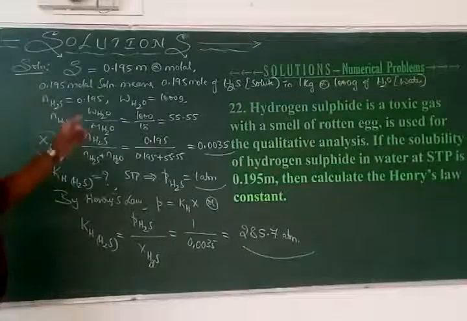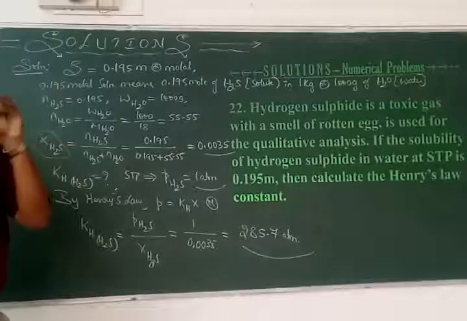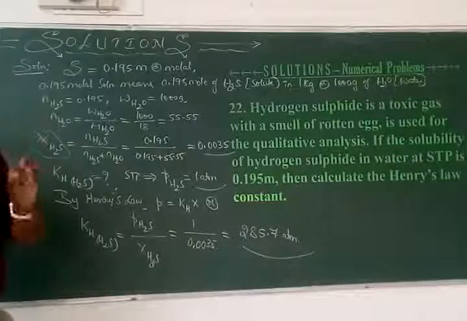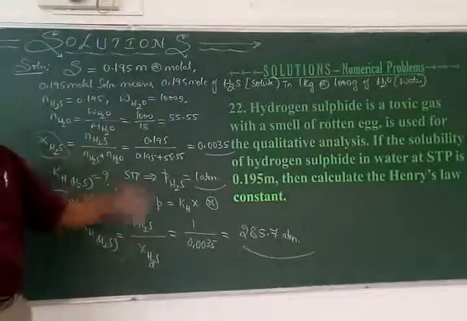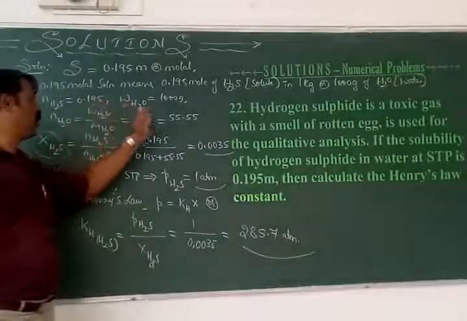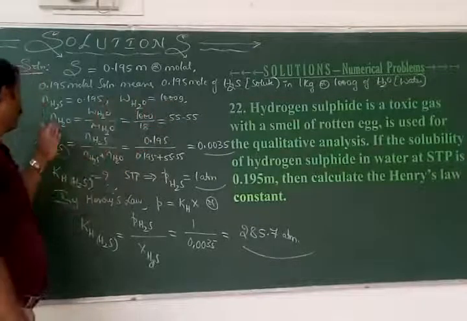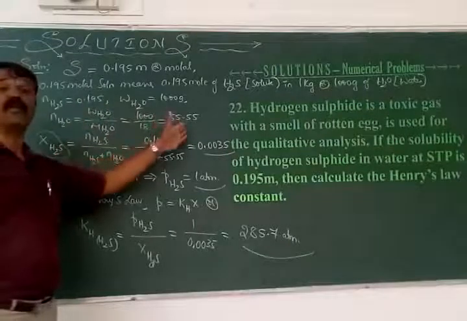What is the solubility here? 0.195 molal. What is the meaning of molal? 0.195 mole of the solute H2S is dissolved in 1 kg of solvent. Which is the solvent here? Water. The number of moles of H2S is 0.195 and the mass of water is 1000 grams. Then how to calculate the number of moles here? Mass of water divided by molecular mass, that is equal to 55.55.